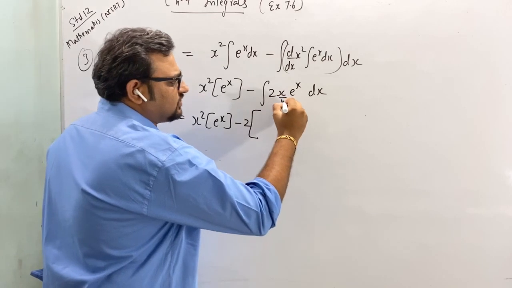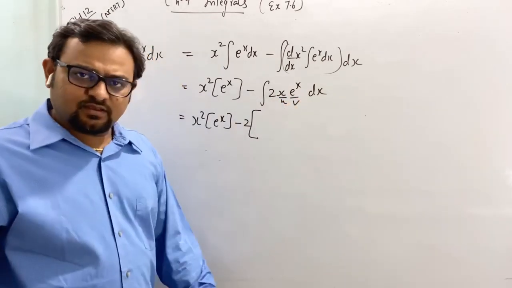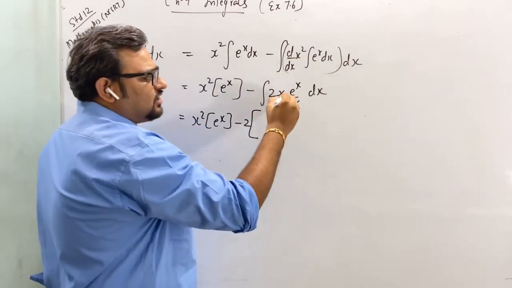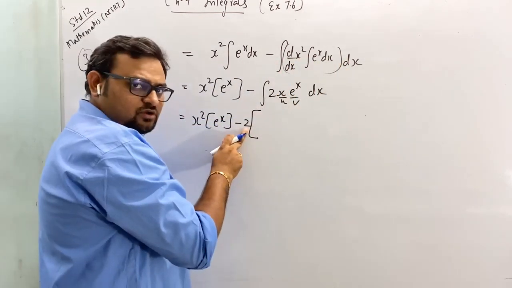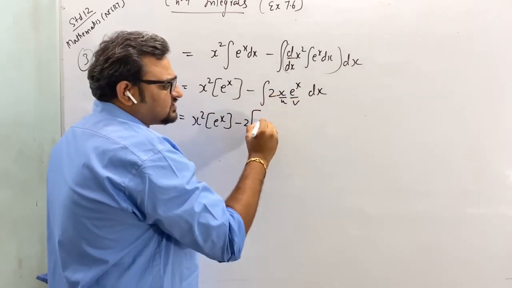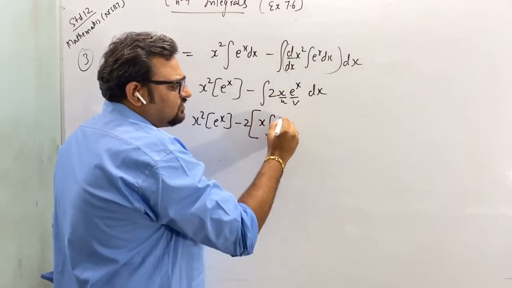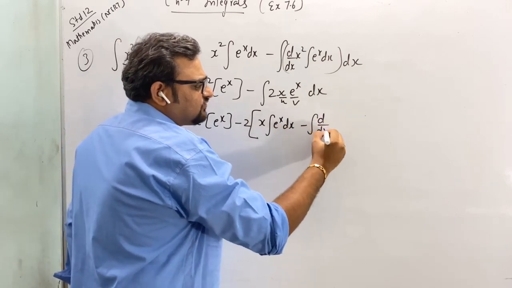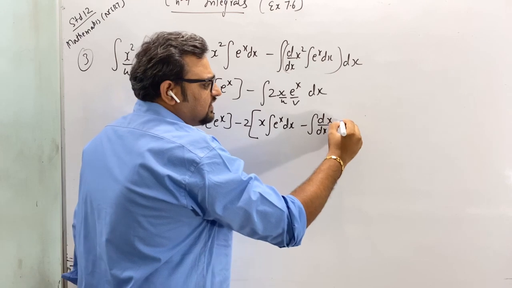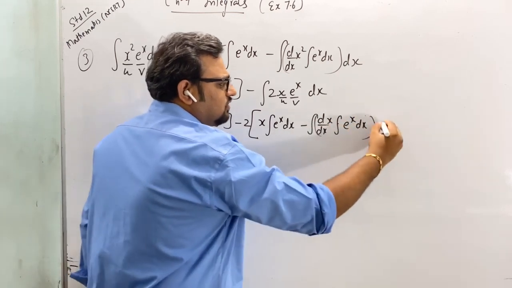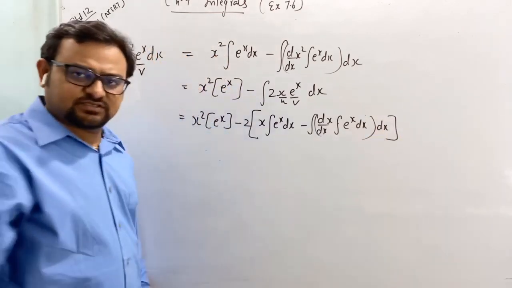Now again it's u v. Clear? So now again we'll repeat this formula. You see, 2 I have taken out because it is constant. So only remaining is x e raised to x. So x as it is, integration of e raised to x dx, minus derivative of first function, which is x, integration of second function whole dx.